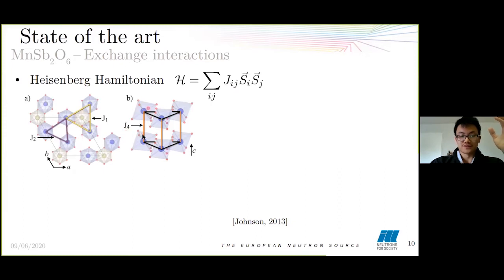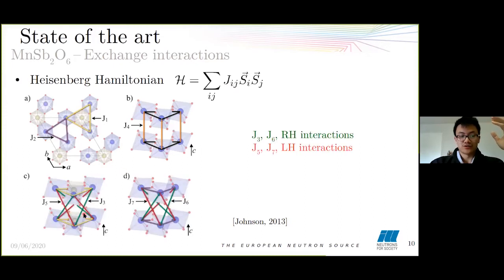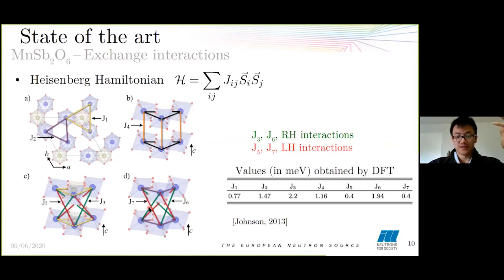G4 is a straight intraplane and interplane interaction. Then we can define G3 and G6, which are right-handed interactions, and G5 and G7, which are left-handed interactions. And the values of these exchange constants were calculated by DFT previously.